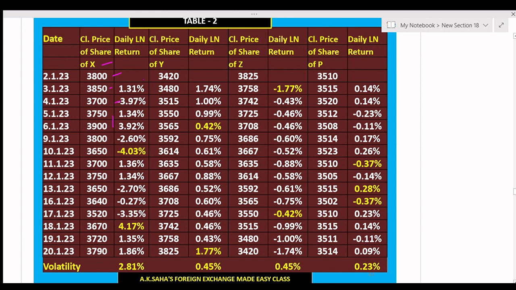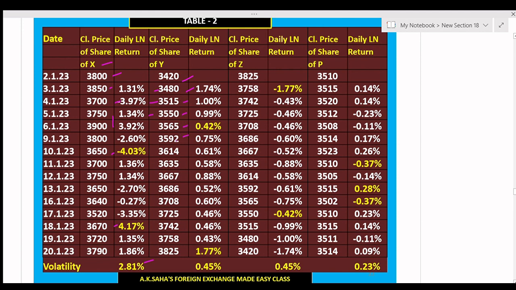The daily LN return is 1.31%, next is minus 3.97% and so on, and it varies from minus 4.03% to positive 4.17%, and the volatility is 2.81% for company X. And for company Y, the closing price of the equity share is increasing day by day, not decreasing.